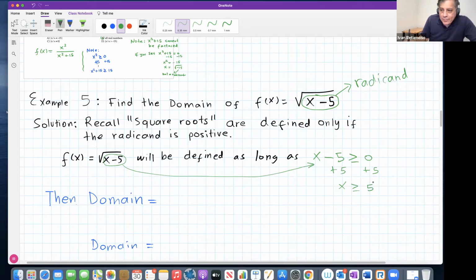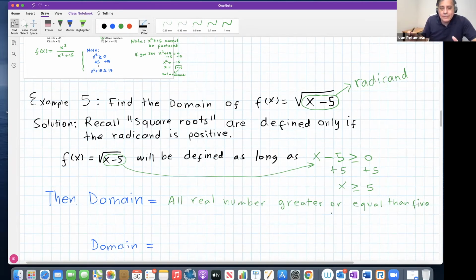So in words first, you can say the domain is all real numbers greater or equal than 5, right? This is in words. But remember, mathematicians don't like words too much. They like to express things using symbols, intervals.